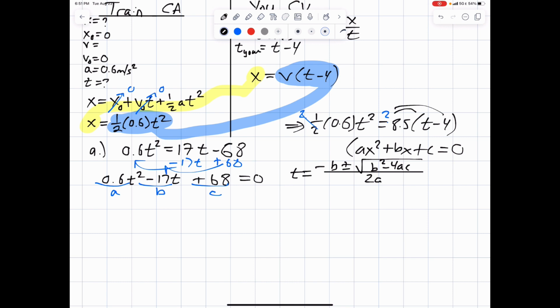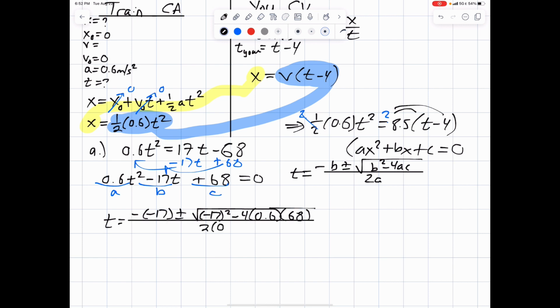Now let's plug in. t is going to be negative, negative 17 is what we're substituting, plus or minus the square root of negative 17 squared minus 4 times A, which is 0.6, times C, which is 68, all of that over 2 times A, which is 2 times 0.6.